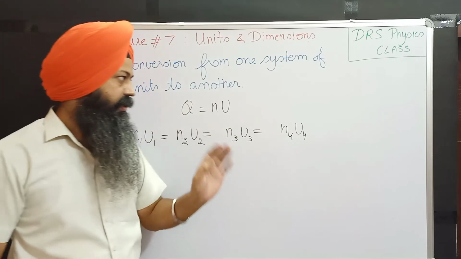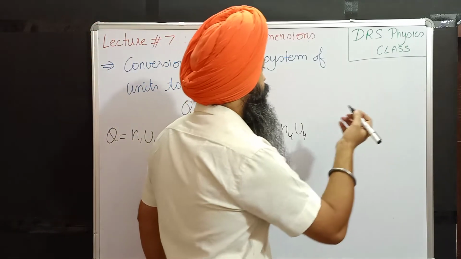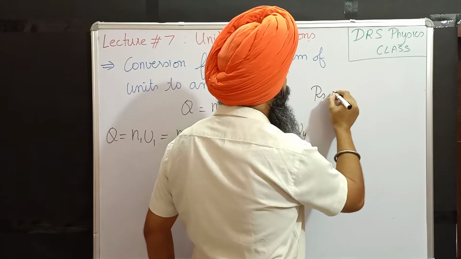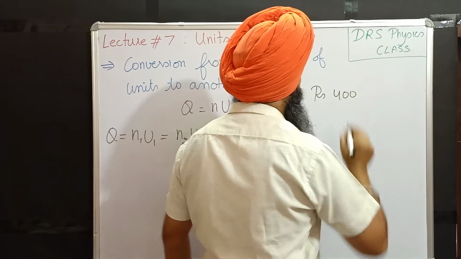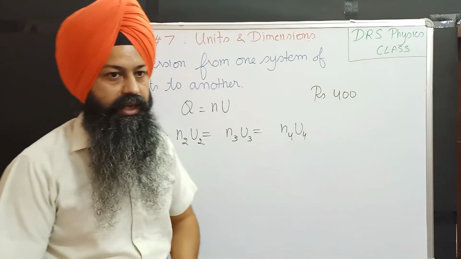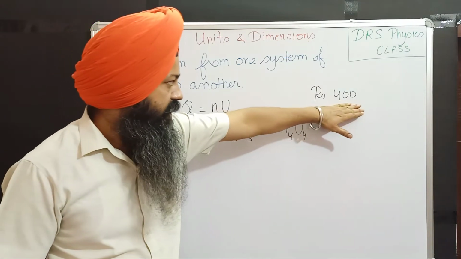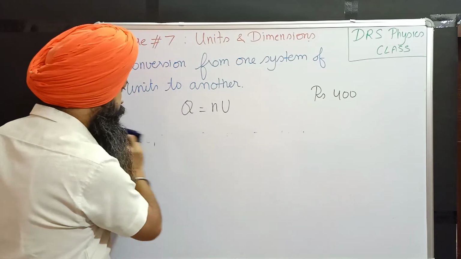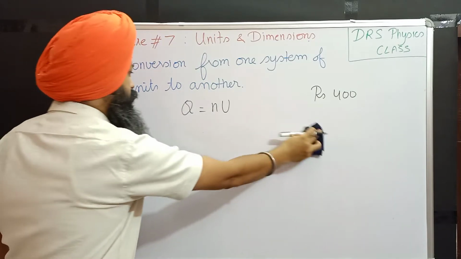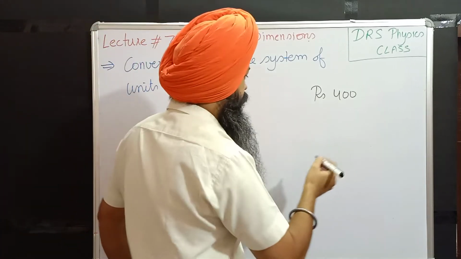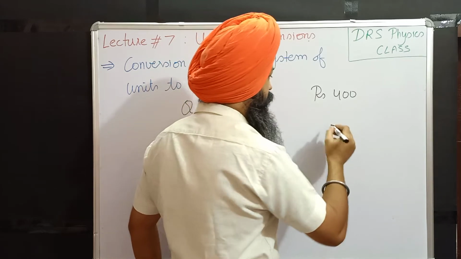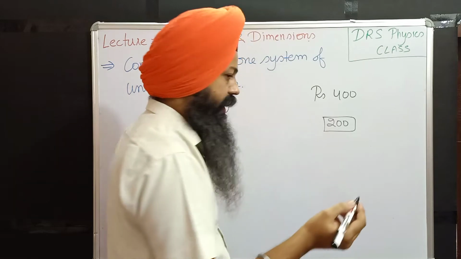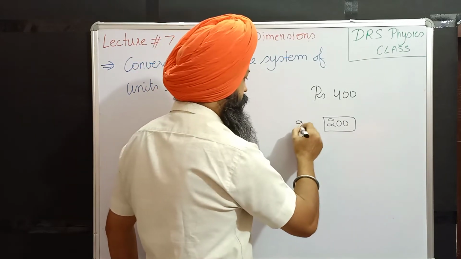Let us discuss this with a daily example. Say the price of a certain thing is 400 rupees. Suppose you go to the shopkeeper to purchase it and you say, I have 200 rupee notes. He says, okay, give me two such notes.